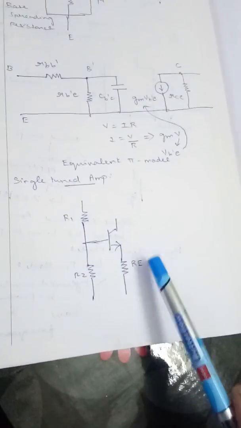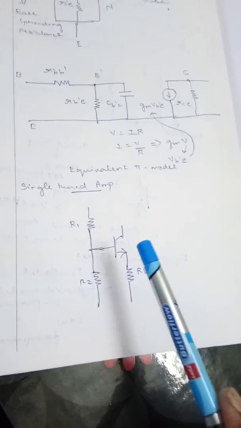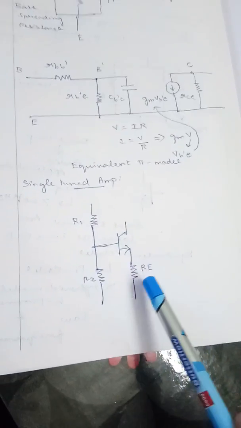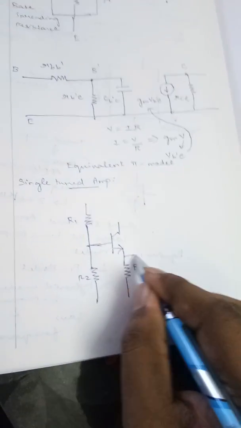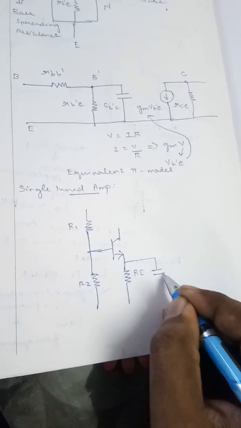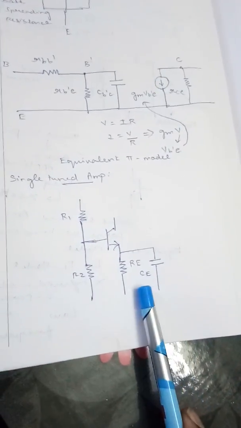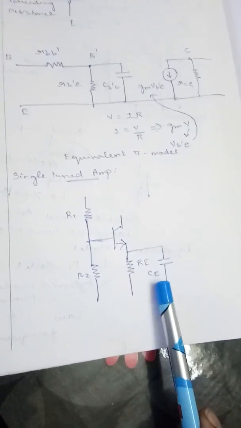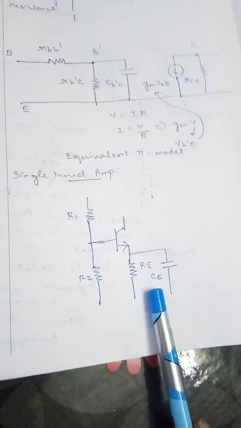The reason why the emitter resistor is added is to keep the transistor Q point from varying against temperature variations. And I am going to use a capacitor named the bypass capacitor, taken as CE. The purpose of a bypass capacitor is to short all AC noise that is available in the circuit.